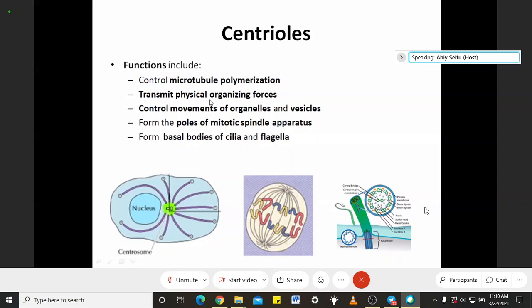They are important also for transmission of physical organizing forces, and control movements of organelles and vesicles because of the formation of microtubules. They are also important to form the poles of mitotic spindles, for obvious reasons we have been saying.